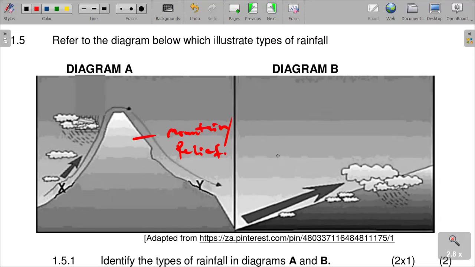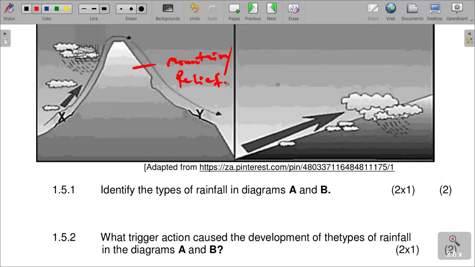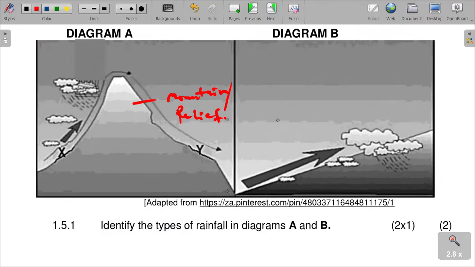So now, what you need to understand is there is also another form of rainfall which we are given, in diagram A and B. In diagram B, we can see that this can be some form of frontal rainfall, which can be formed because of this front that is forming there.